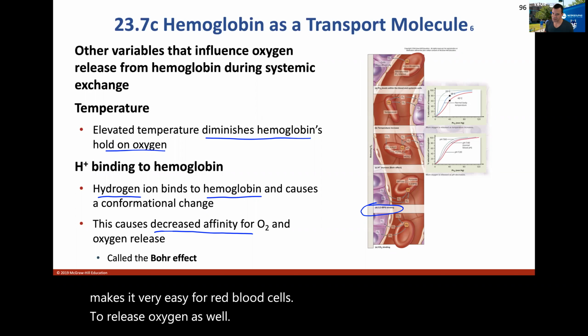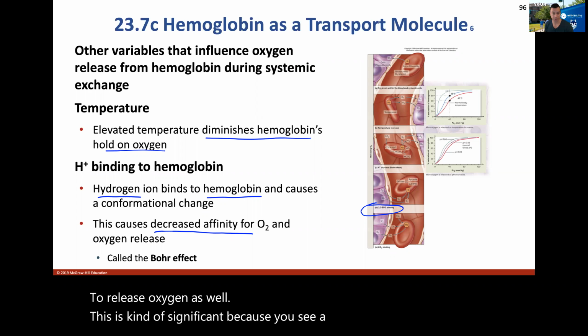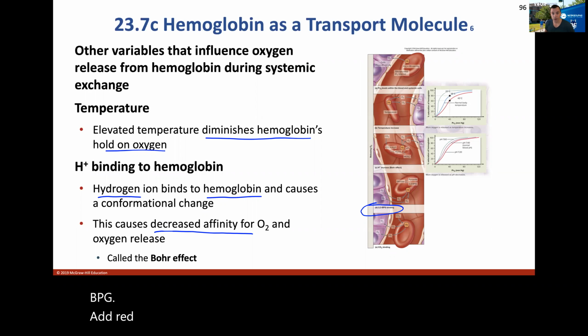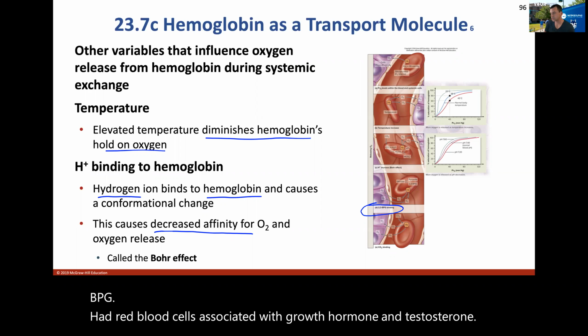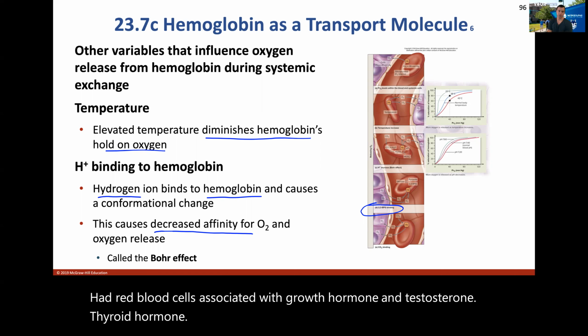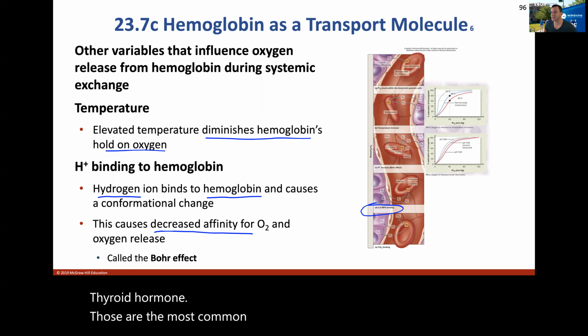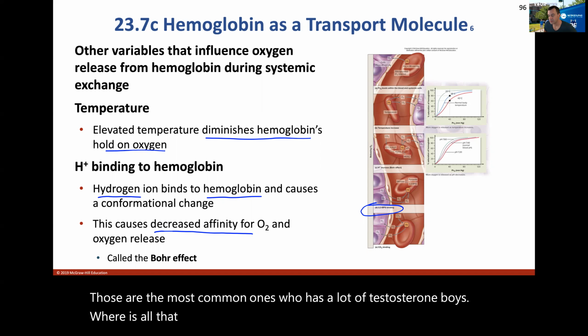This is kind of significant because you see a greater concentration of 2,3-BPG in red blood cells associated with growth hormone, testosterone, and thyroid hormone. Those are the most common ones. Who has a lot of testosterone? Boys. Where's all that oxygen going? Muscles.